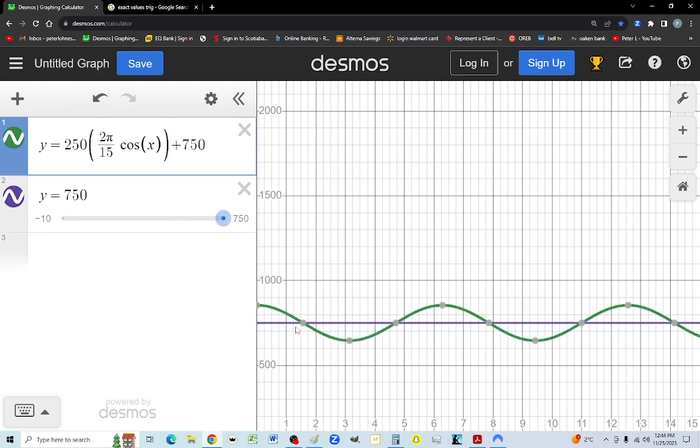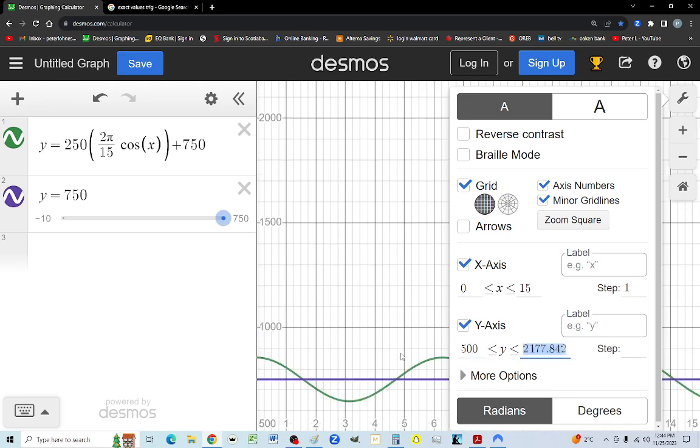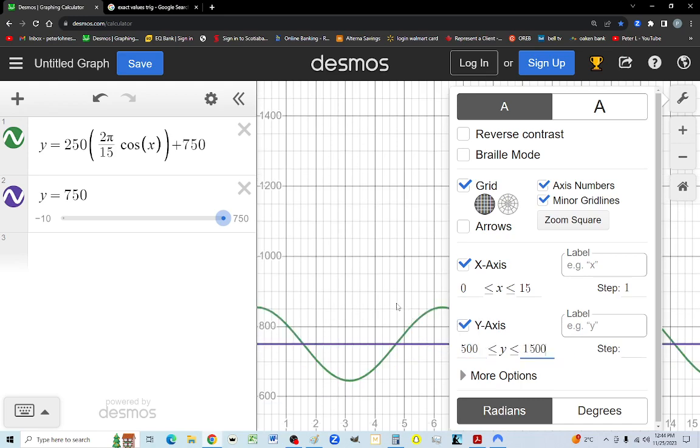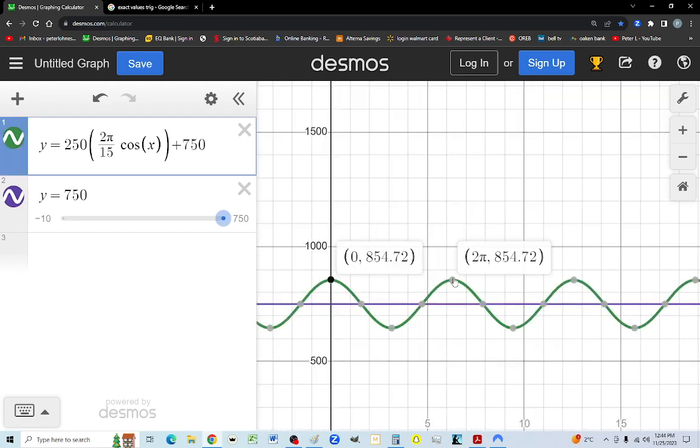So if we go back and change that to steps of 1, and this goes from 500 to 1,500, and we just look at the period, it goes from 0 to 2 pi, so it didn't translate it at all for me because it's got some sort of snafu in here.